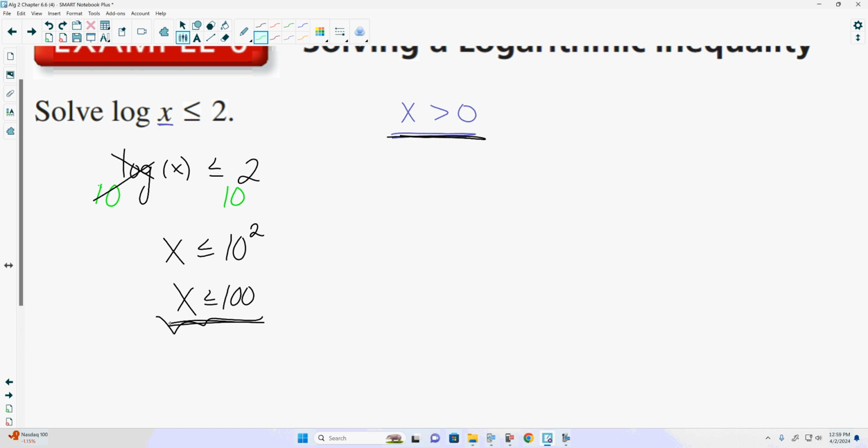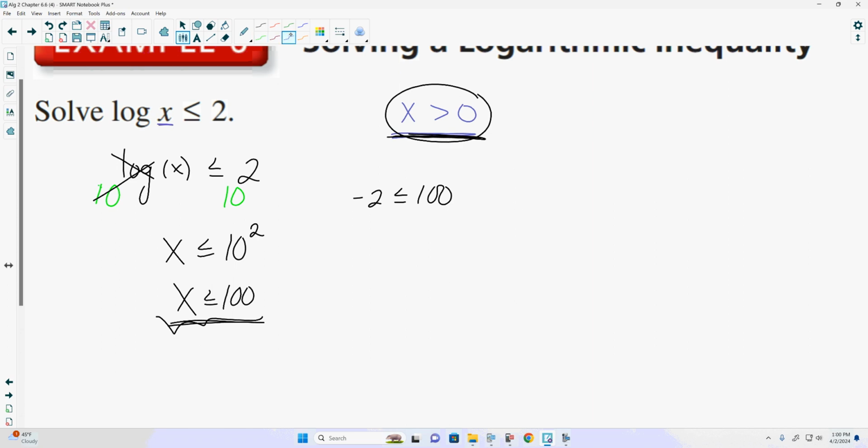Is negative 2 less than or equal to 100? Yeah, so that is a true statement, yes? But what did we say x had to be also? Greater than 0. So negative 2 is not greater than 0, but it is indeed less than 100, yes? So that's where this comes into play.